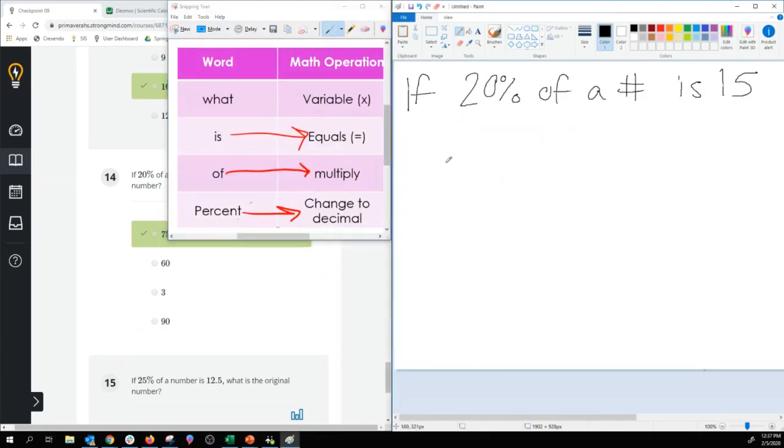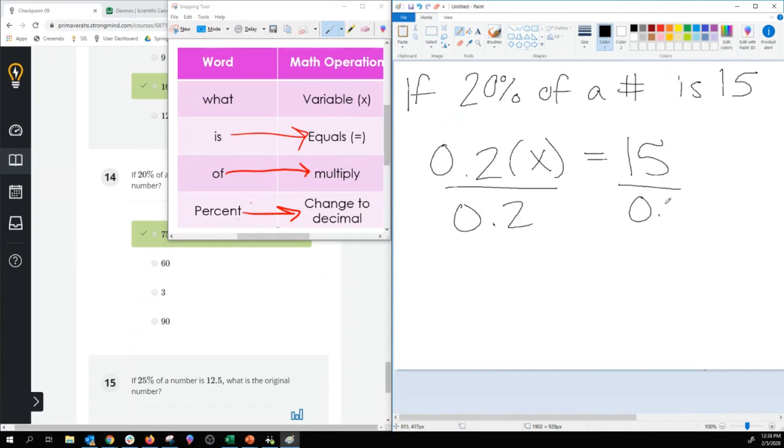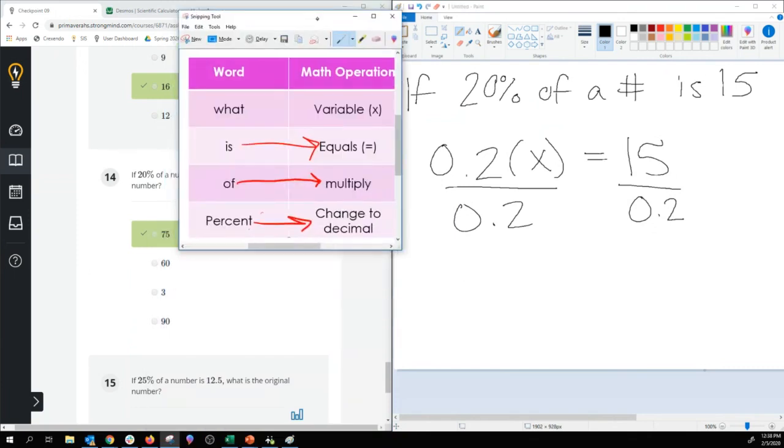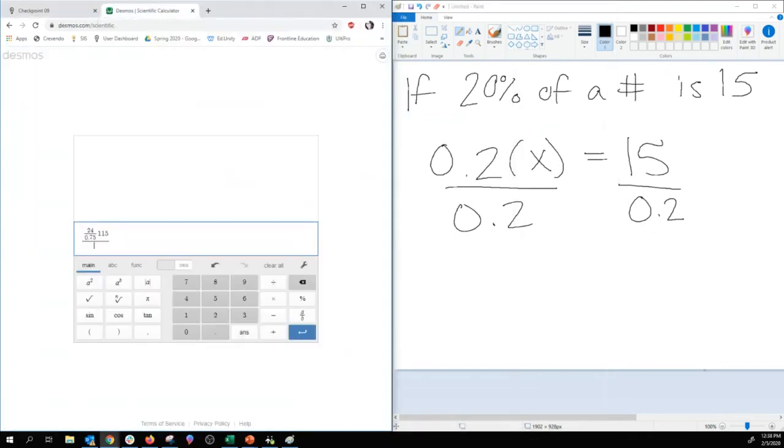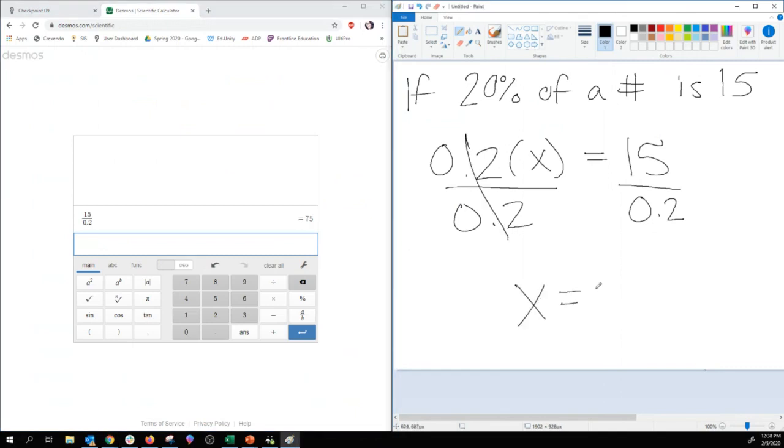So I have 0.2 times x is equal to 15. Divide both sides by 0.2, which tells me that x is 75.